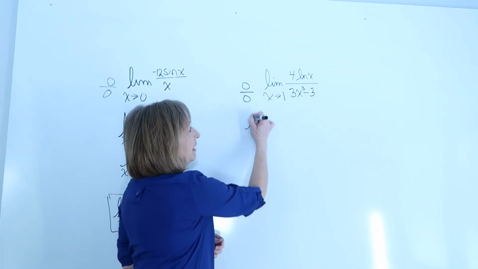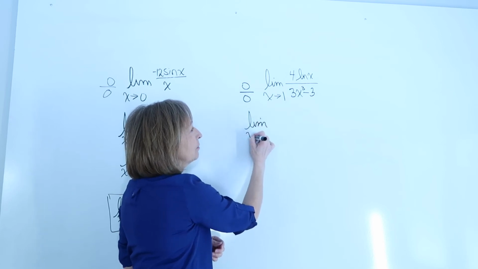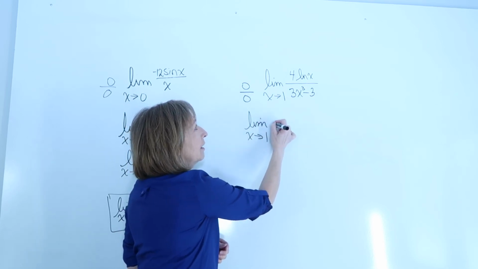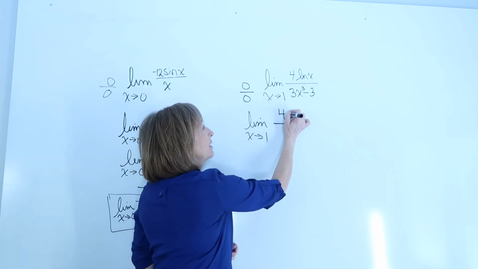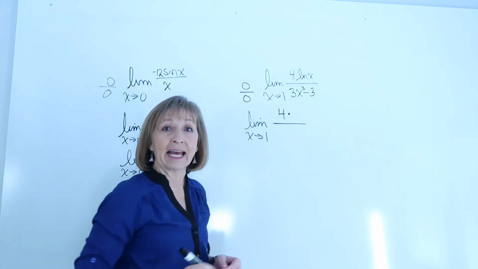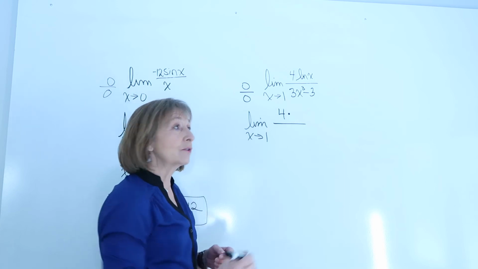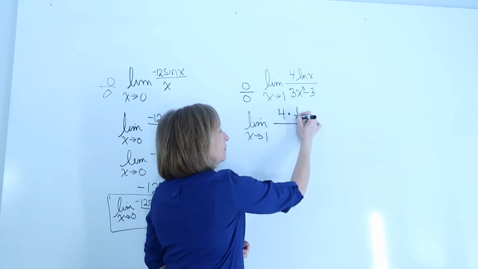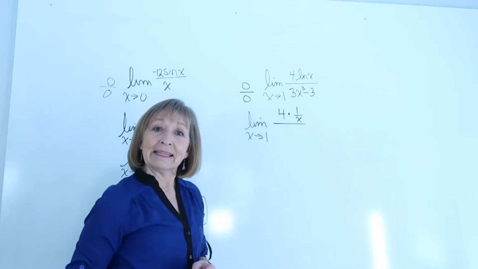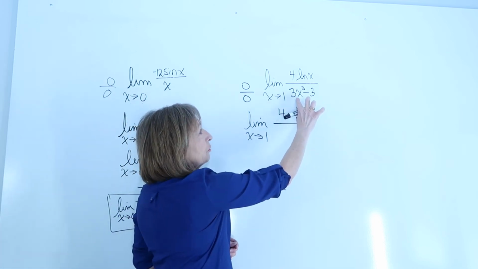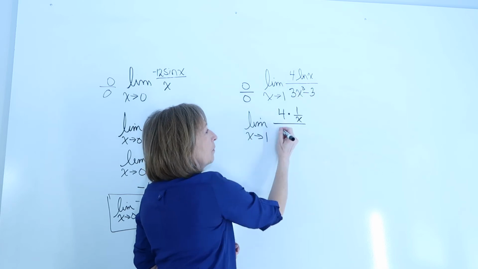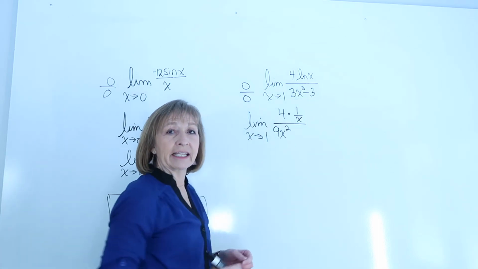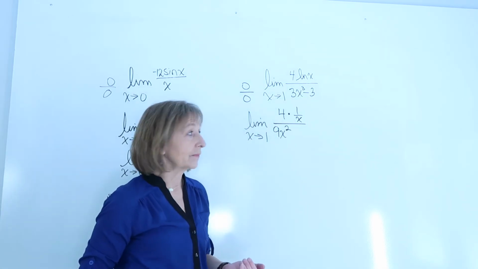So I'm going to have the limit as x approaches 1 of, in the numerator, 4 times the derivative of the natural log of x, which is 1 over x. And then in the denominator, the derivative of 3x cubed is 9x squared, minus the derivative of negative 3, which is 0.